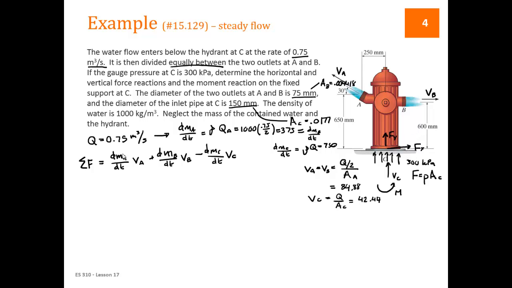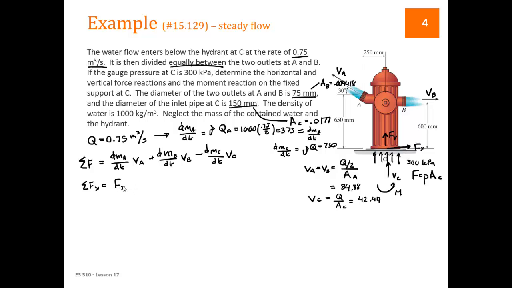So we now have the entire right-hand side of this equation. We have numbers for all of those terms. Now we can start looking at the actual sum of forces in the x and the y directions. Let's look at the x first. Sum of forces in the x direction: the only force in the x direction is Fx.